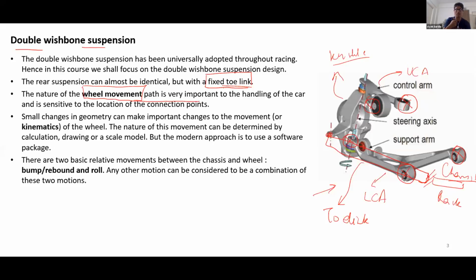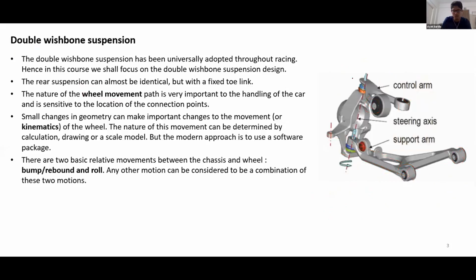So the toe and camber movement of the suspension depend on the bump and rebound travels of the suspension. It also depends on the hard point locations, the locations at which you mount the suspension arm onto the chassis, and it also depends on the bushing properties, right? The elastic bushes that you have put, right?